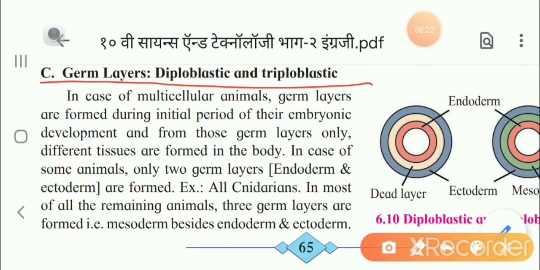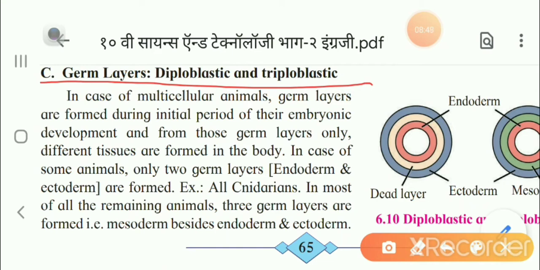These are diploblastic and triploblastic. In case of the multicellular animal, what is the meaning of multicellular, children? Multicellular means made up of many cells. So the animals which are made up of many cells, in those cases the germ layers are formed during the initial period of their embryonic development. That means when they are in the embryo form only, that time these germ layers are formed.